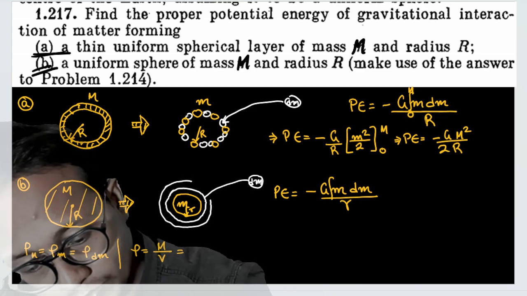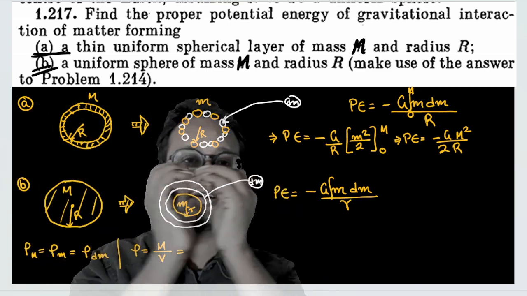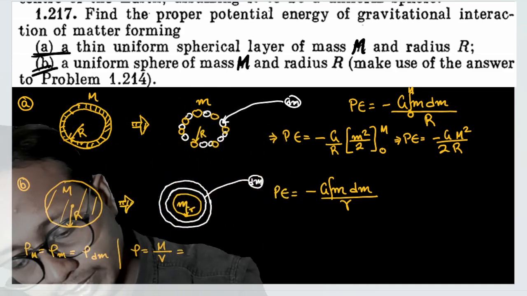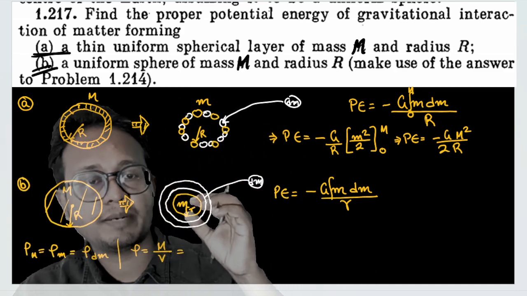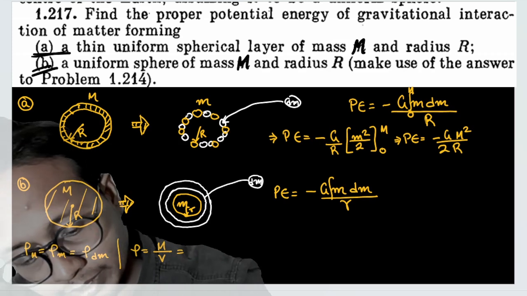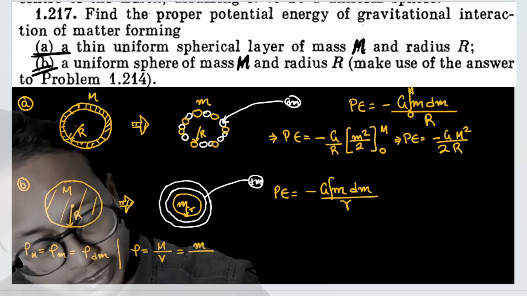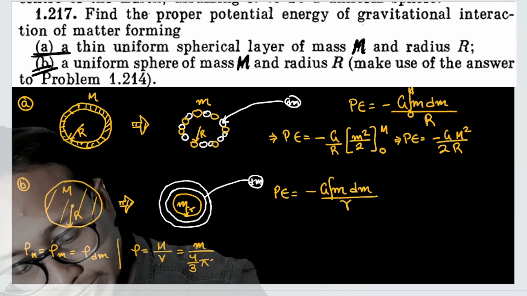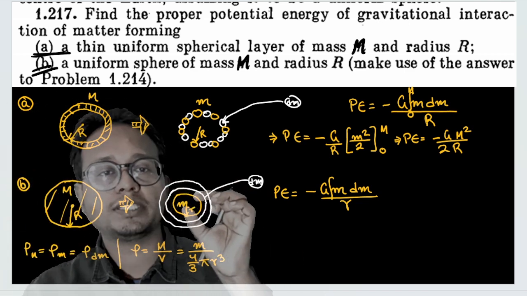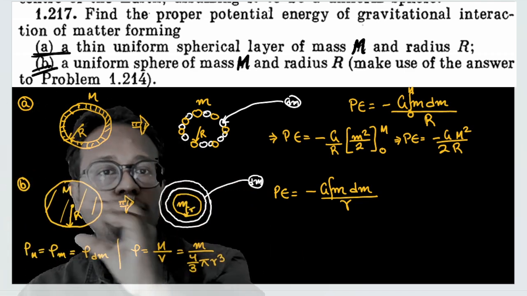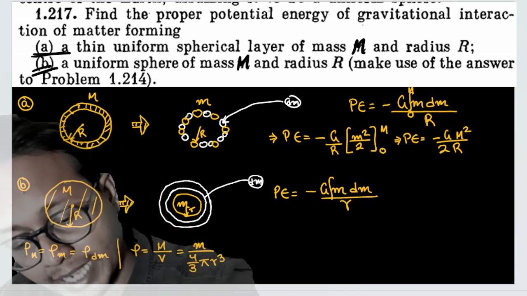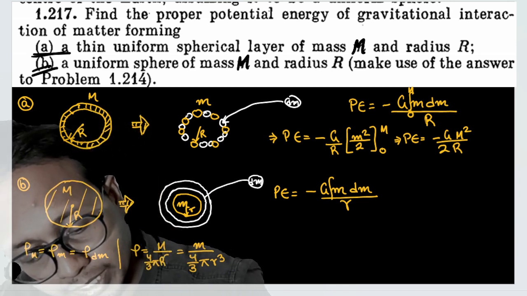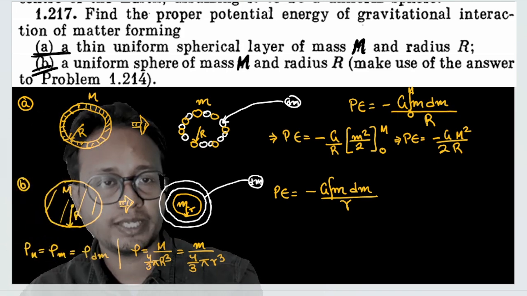And then by integrating a lot of shells, I'll get the capital mass M. So out here, density of this elemental shape is nothing but mass of the elemental shape divided by volume of the elemental shape, 4 by 3 pi r cube, with small r. This is the volume of the elemental shape. Volume of the total planet is 4 by 3 pi capital R cube, isn't it?